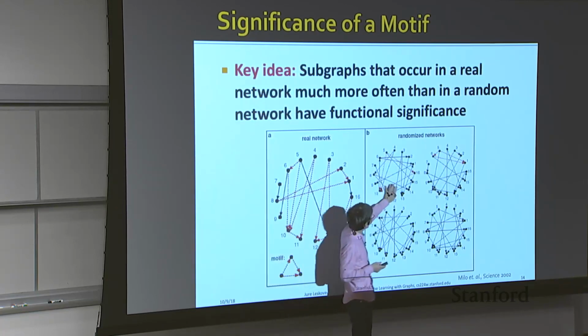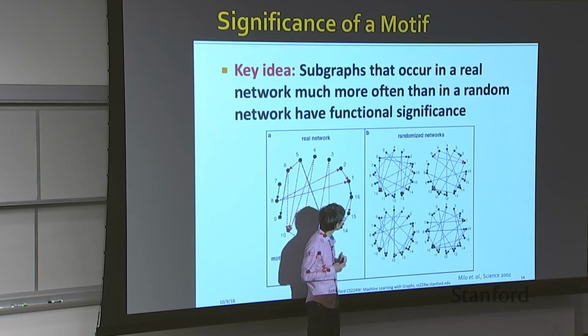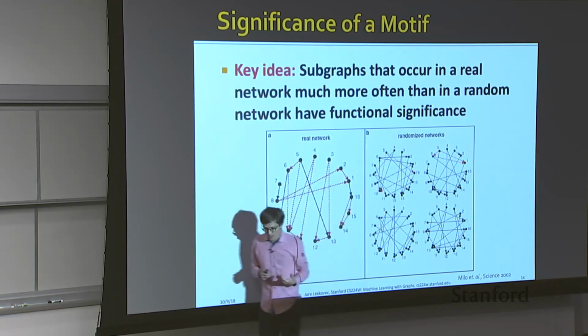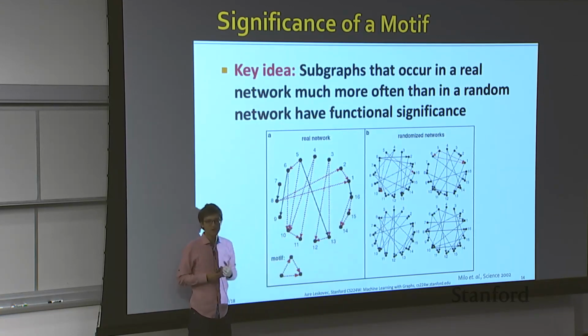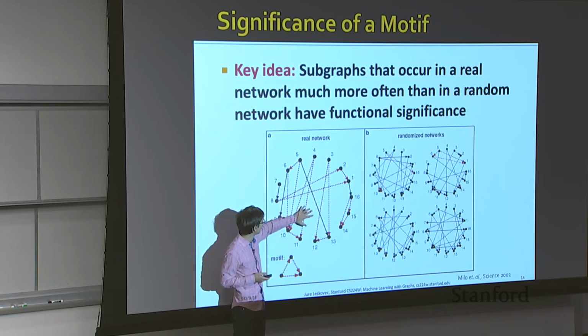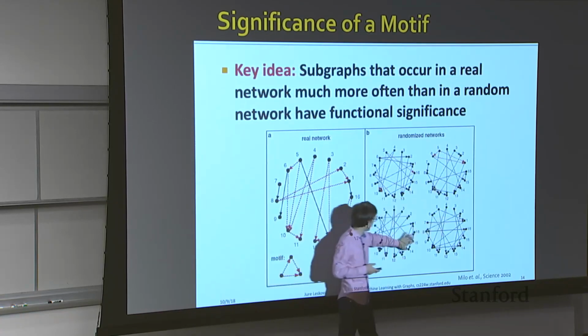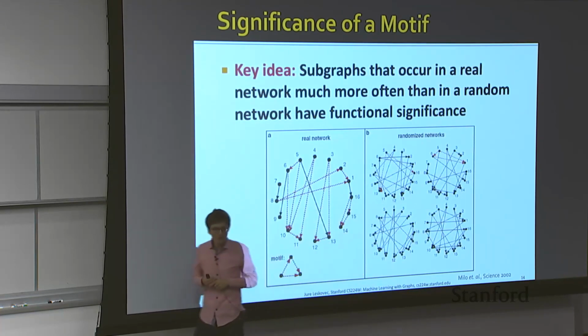And here are randomized graphs, and again with red edges, instances of this motif are illustrated. What should become clear from this picture is that there are a lot of instances of the motif in this graph, but very few instances of the motif in this randomized version of the graph.